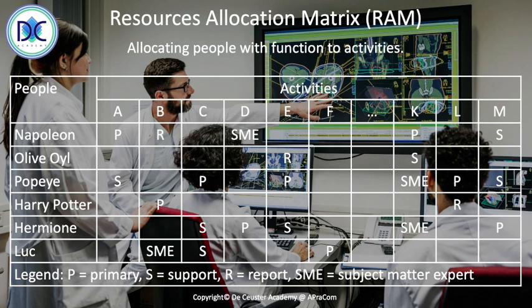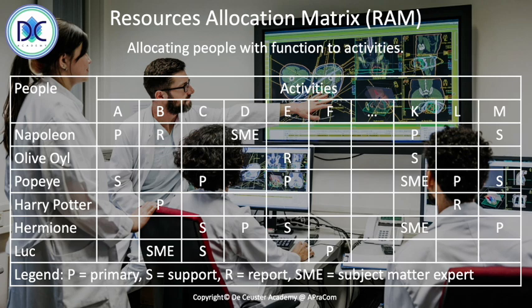In our legend, P means the primary, the person accountable for the work, S is support or could be responsible, R is report, SME is a subject matter expert. So we're allocating the people to the different activities, and we must ensure that every activity has one and only one primary person, one person who is in charge of that activity.